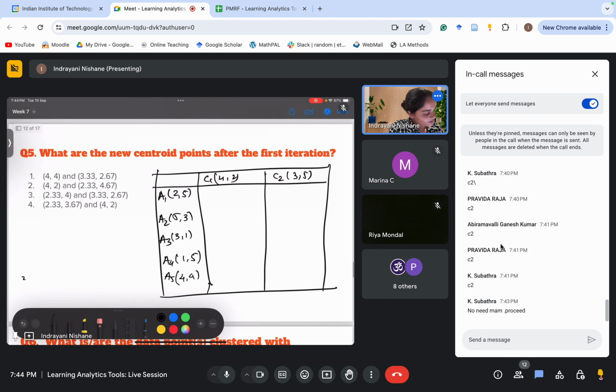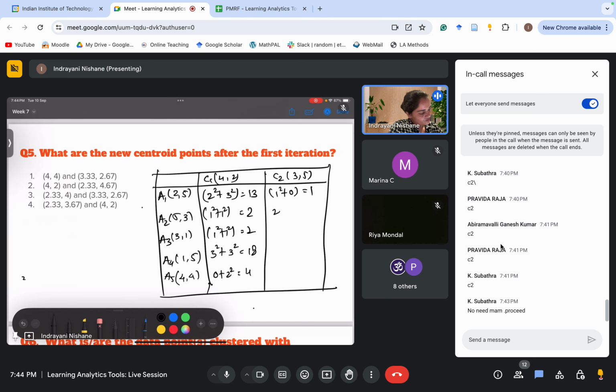Okay, so this is 2 square plus 3 square, 13. This is 1 square plus 1 square, 2. 1 square plus 1 square, 2. 3 square plus 3 square, 18. 0 plus 2 square is 4. And let me quickly do this. 1 square plus 0, 1.